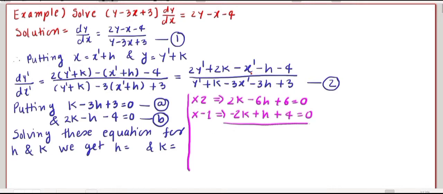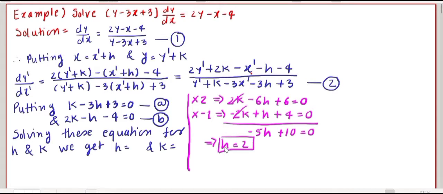Now add these two equations, then 2k cancels with the minus 2k, and we get minus 5h plus 10 is equal to 0. From that we get the value of h is equal to 2.